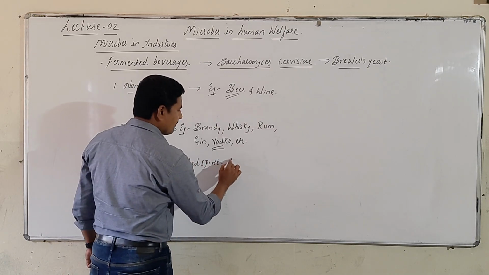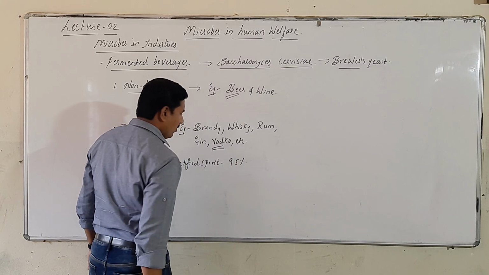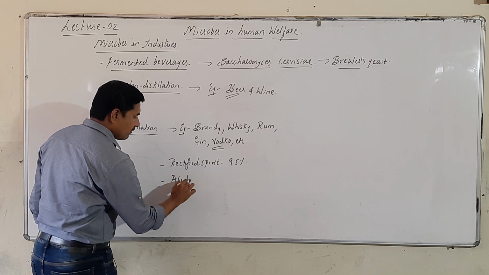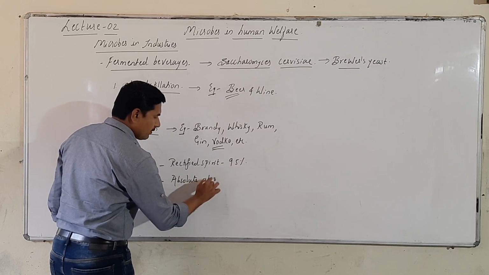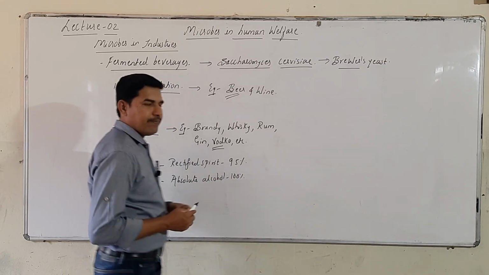Rectified spirit is around 95% alcohol, and absolute alcohol is 100% alcohol.